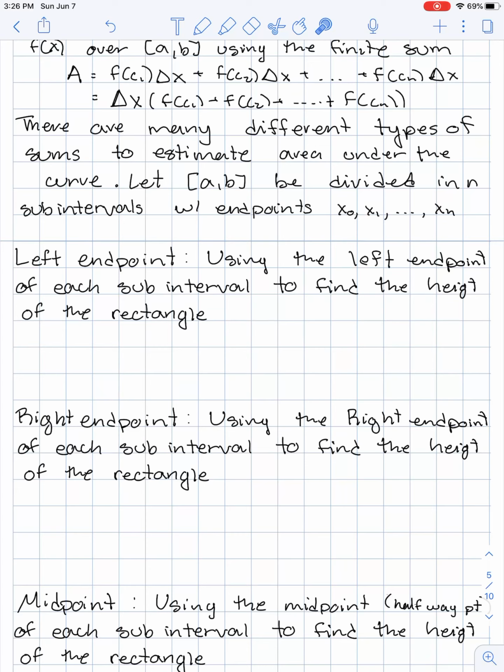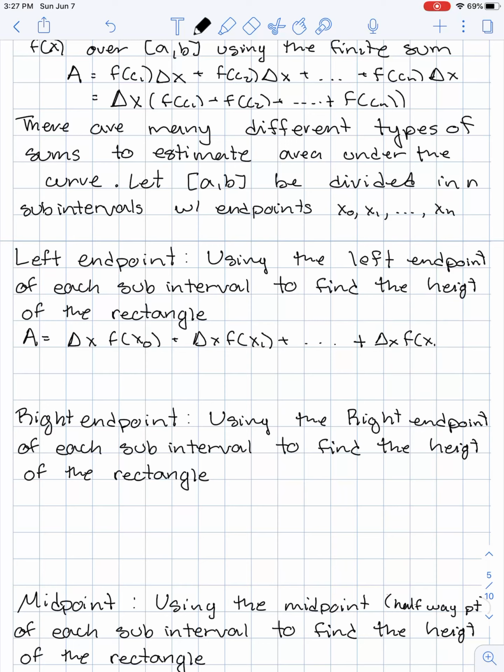So we can write that area will equal delta x times f of x0, plus delta x times f of x1, all the way to my last interval. My last interval is going to be x sub n minus 1 to x sub n.